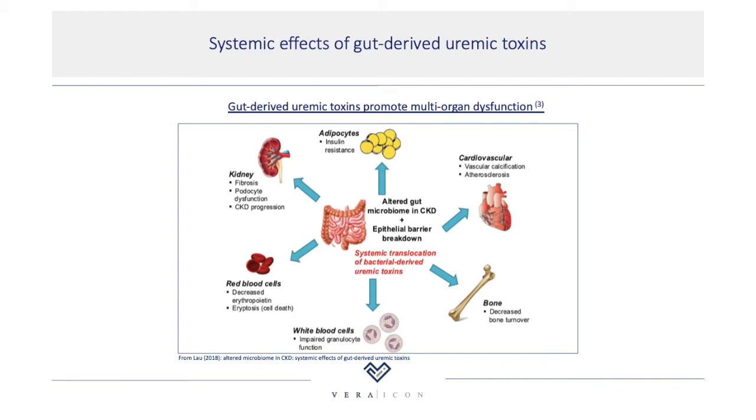Uremic toxins, or their precursors, are produced in the gut. They arrive in the systemic circulation, the kidney is not functioning well, so they build up, accumulate, and go back to the gut. Because of this, the microbiome will change. Ultimately, this will lead to translocation of these uremic toxins back into the systemic circulation, creating actually a vicious circle.